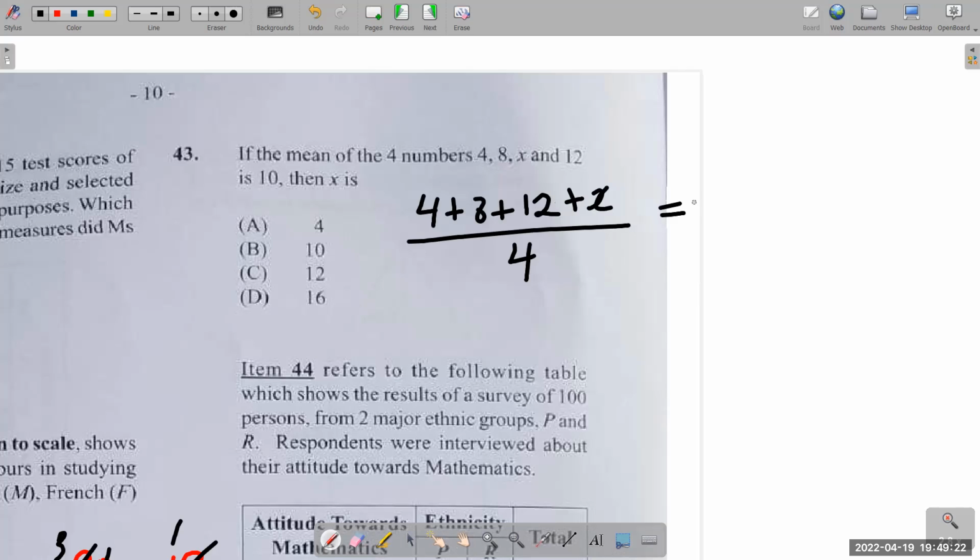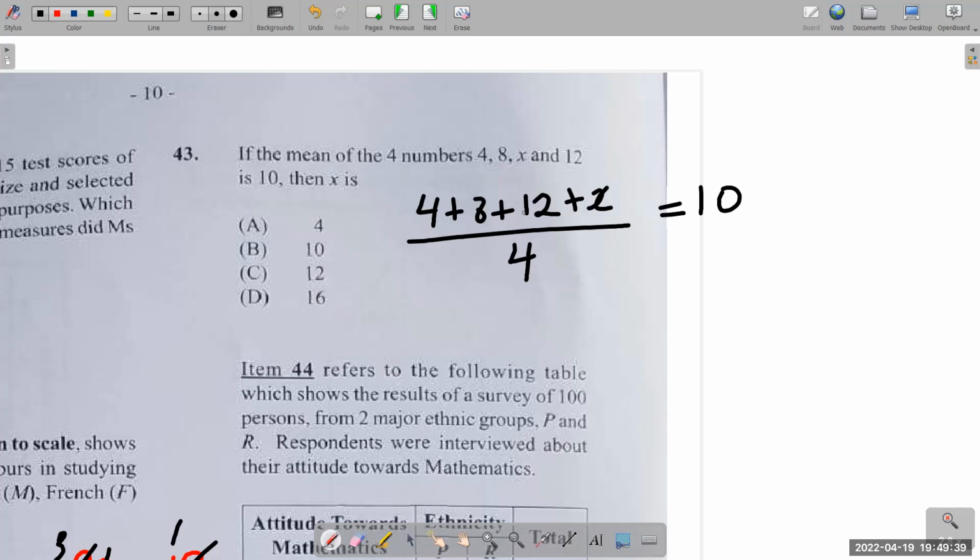Is equal to 10. Everybody see what I did here? That's how you find the mean: the sum of the numbers over the number of numbers. You realize all you got to do now is transpose. So how do we transpose this?